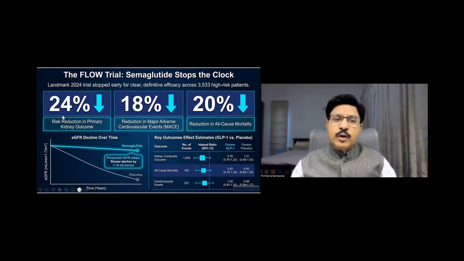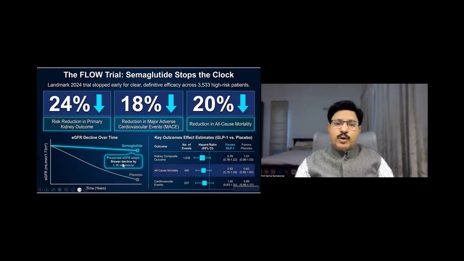There is a 24% reduction in the primary kidney outcome, 18% reduction in the major acute coronary events, and 20% reduction in the all-cause mortality. Now, there was a trial going on with semaglutide, and semaglutide was doing so well, they immediately stopped the trial and moved all those placebo patients onto the semaglutide.